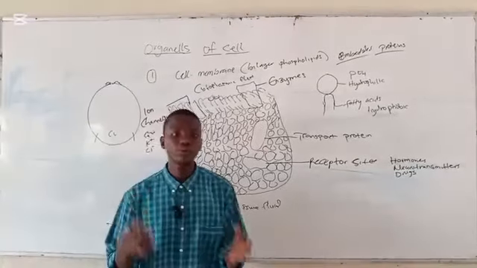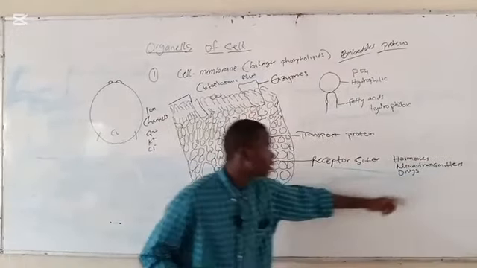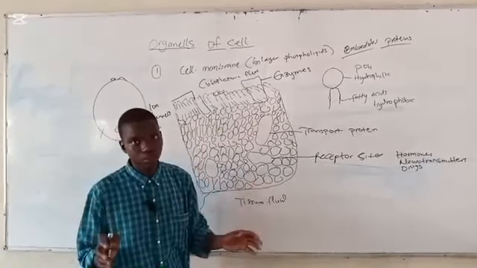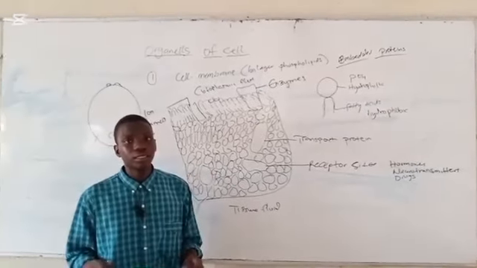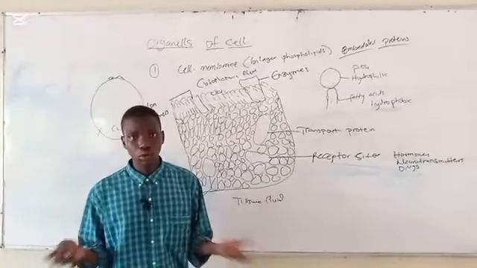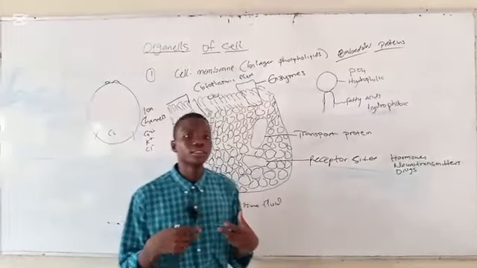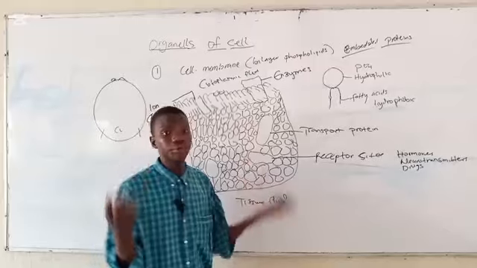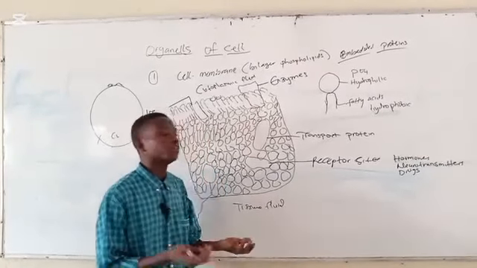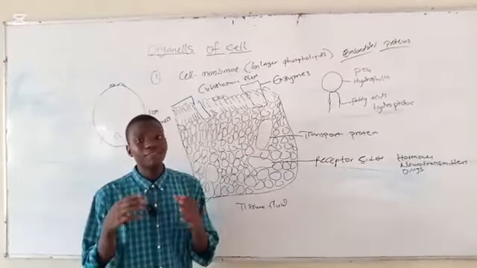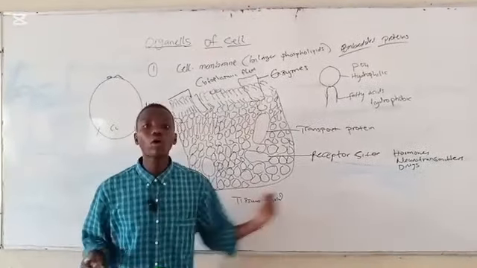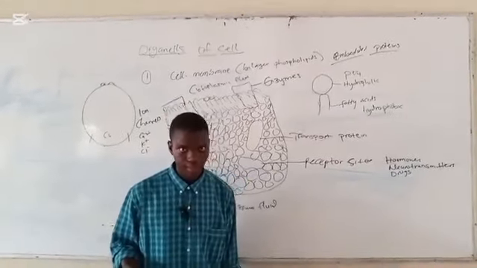However, it is also possible that one drug can have an effect on two or three different cell receptors. For instance, if you take common cold drugs, you realize that they have an effect on your brain to some extent. Why? Because despite the fact that it cures you of your running nose and whatever, it also causes drowsiness.